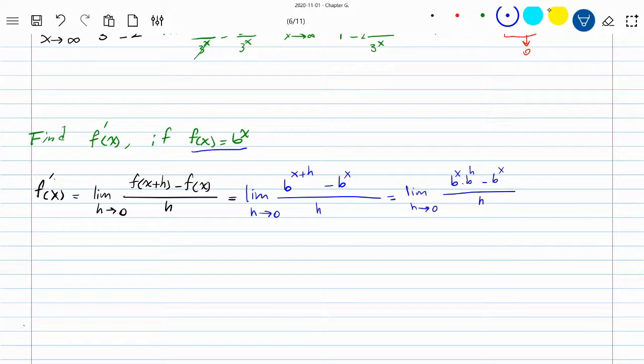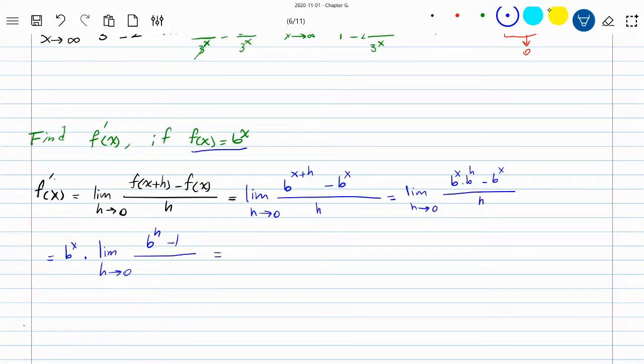What you see in common is b to the x, so I can factor that out. And it's independent of the limit because the limit is for h. So I can basically write outside the limit as h approaches 0 of b to the h minus 1 over h.